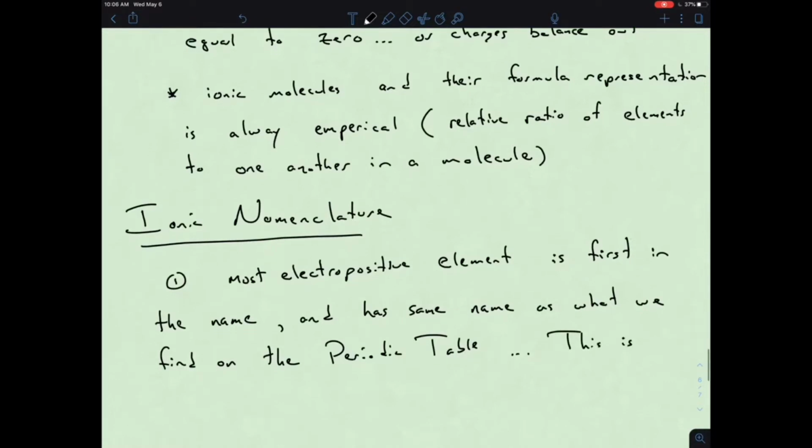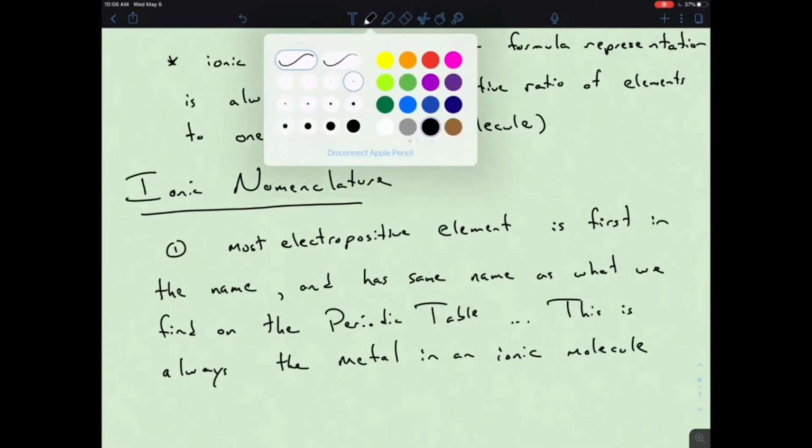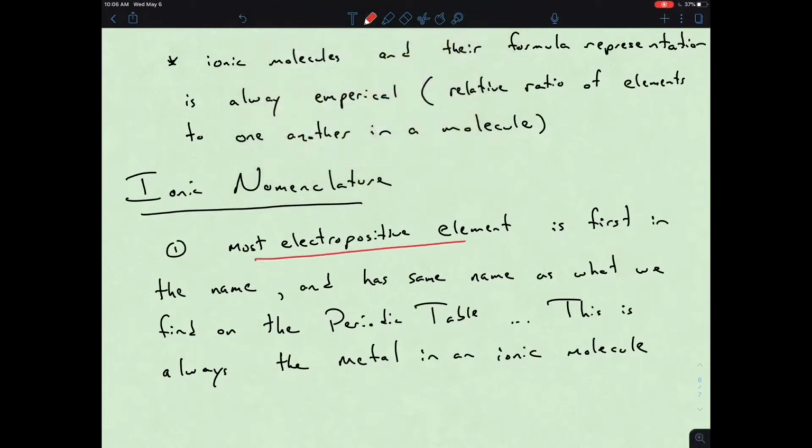This is always the metal in an ionic molecule. So we have that most electropositive element is first, same name as what we have on the periodic table, and that's always going to be the metal.